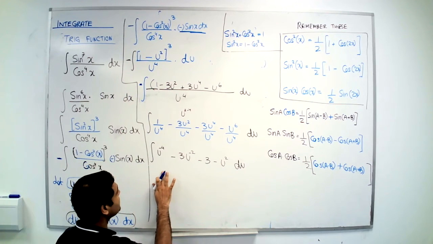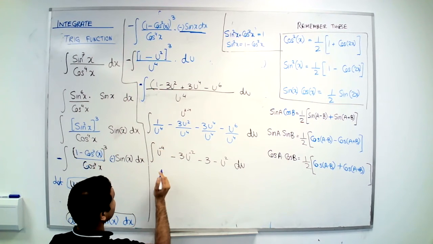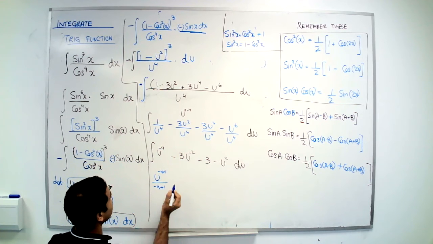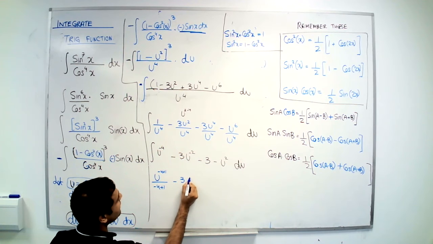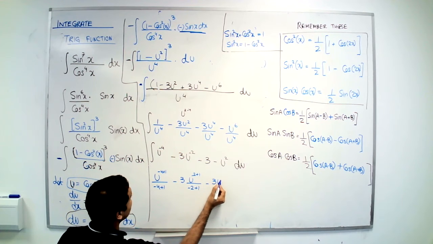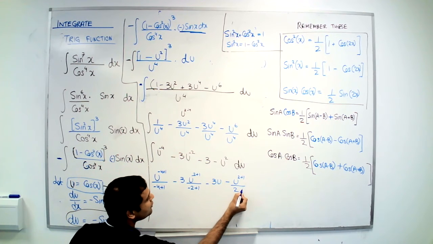And according to the rule of integration, u to the minus 4 becomes u to the minus 4 plus 1 over minus 4 plus 1. Yeah. This is 3, u to the minus 2 plus 1 divided by minus 2 plus 1. That just a u will appear here. u squared becomes u to the 2 plus 1 over 2 plus 1.